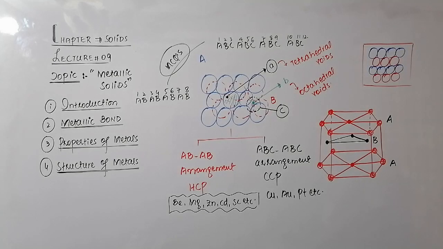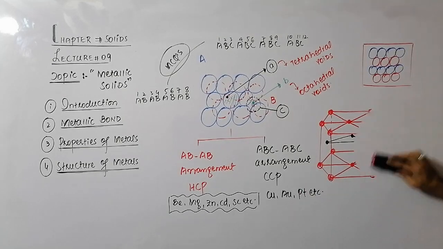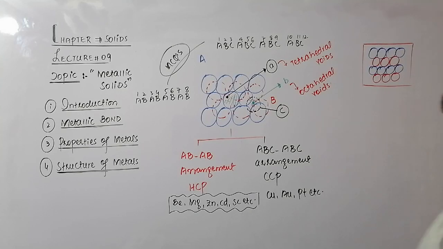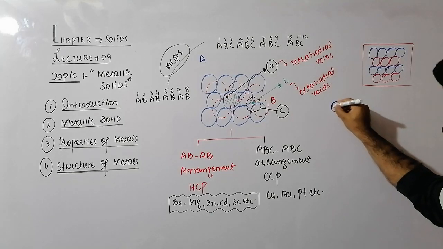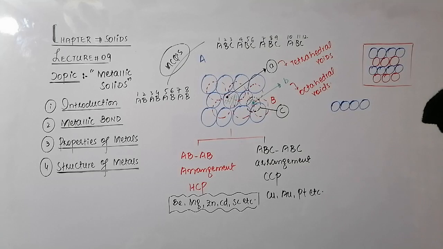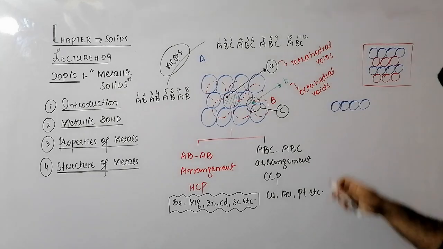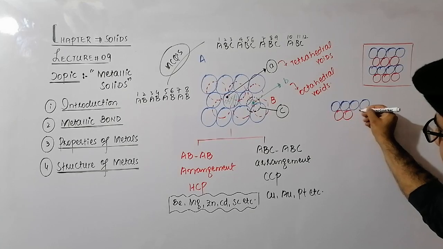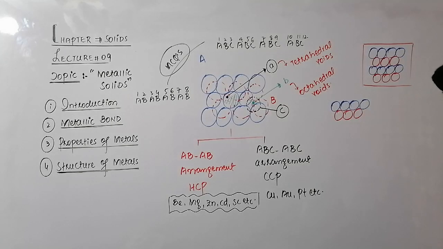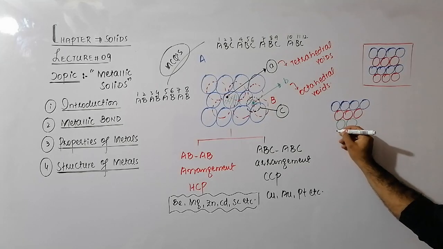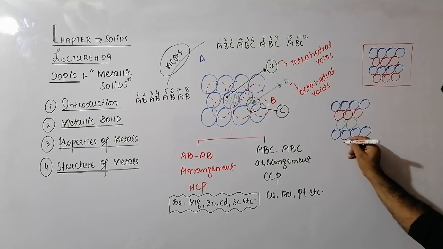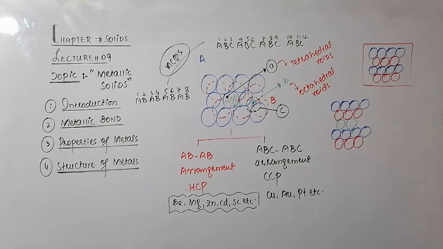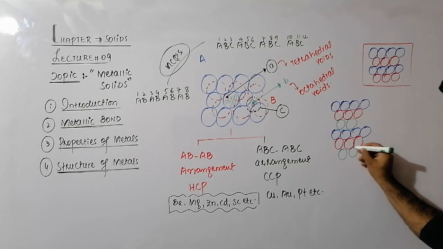Now let us draw this ABC type. These are the balls of the first layer, A. This one is the second layer, B. And this one is the third layer, C. Again there will be an A layer, then a B layer, and then a C layer.